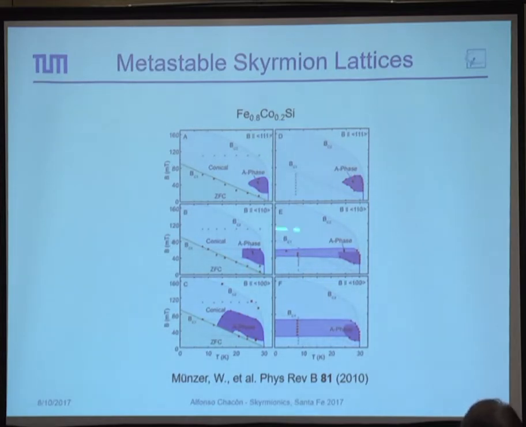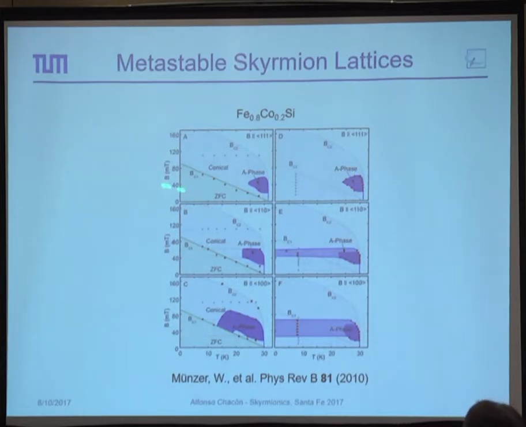If you take this compound, regardless of the direction you apply the field along, if you go through zero-field cooling, you observe the typical helical transition, which in this case is very high in comparison to HC2, so it shows that the system should possess very strong magnetic crystalline anisotropy. At some point you reach this Skyrmion lattice phase, which is also very strongly independent of the crystal direction you apply the field along.